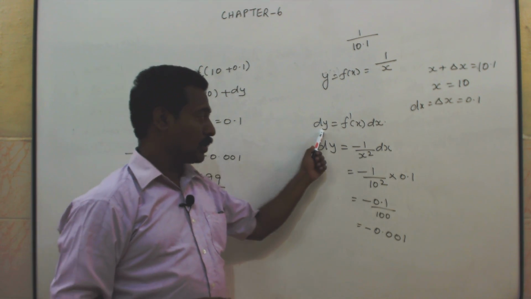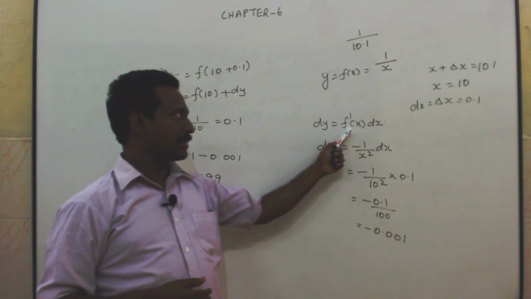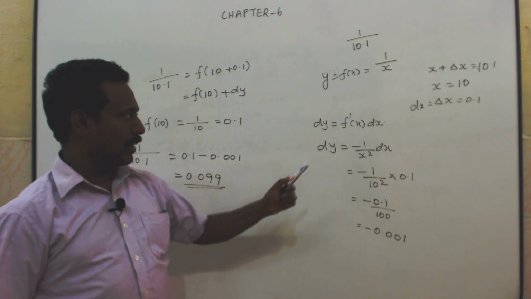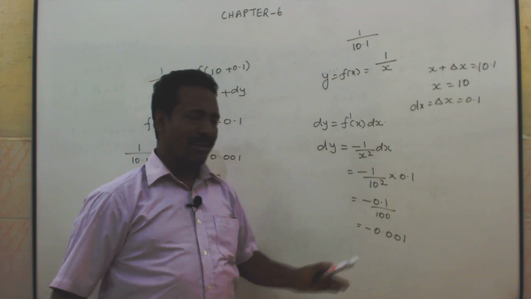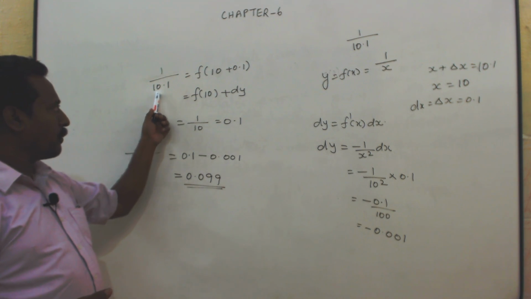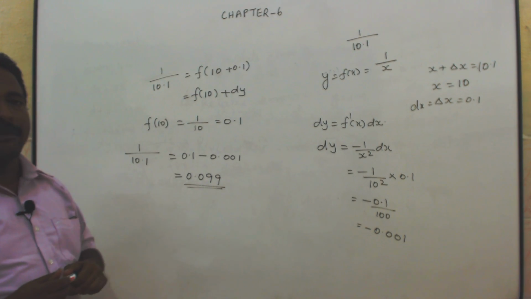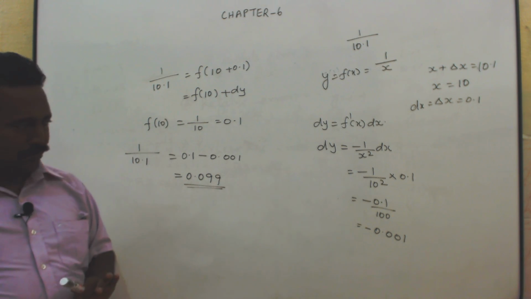You know the formula to find dy: dy equals f dash of x into dx. f dash of x, the differentiation, is minus 1 by x square, because differentiation of 1 by x is minus 1 by x square. After that, ordinary substitution and simplification. Then we have to find out 1 by 10.1, that is f of 10 plus 0.1, f of 10 plus dy, simplify.